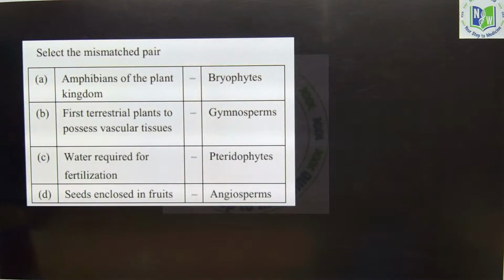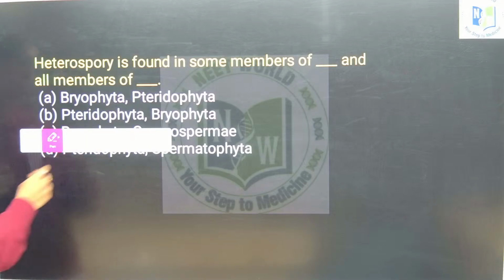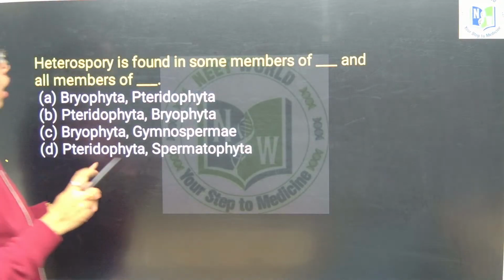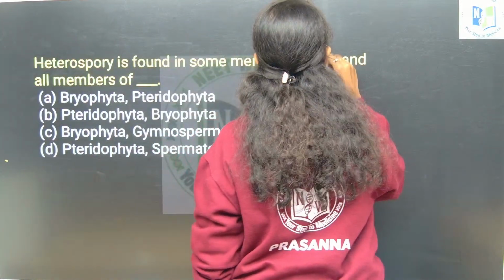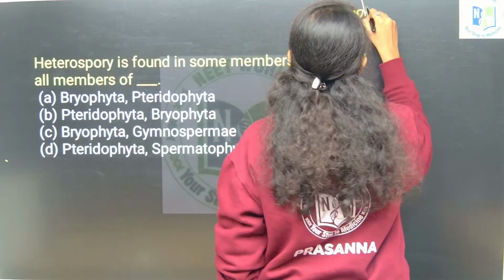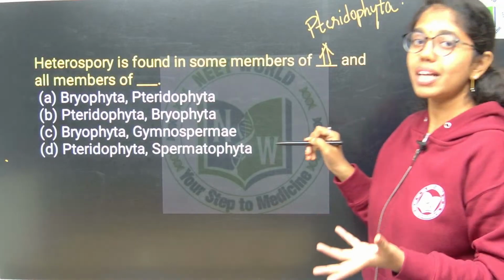This one, heterospory. Heterospory is found in some members of pteridophyta. What is heterospory? Producing two different types of spores.